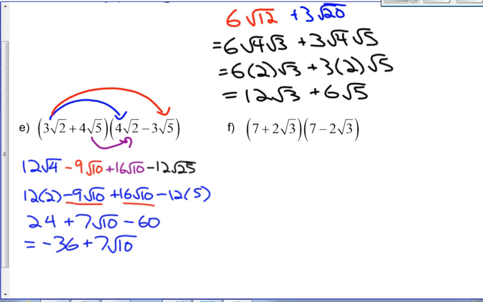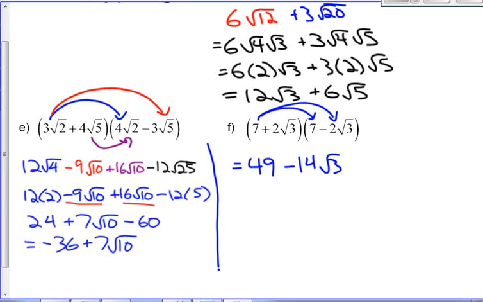We'll do one last one in this video. So let's see what happens. I'm going to have binomials again. So 7 times 7, oh, very nice. Gives us a regular number, 49. And then I'm going to have negative 14 root 3. And then I'm going to have positive 14 root 3. And then I'm going to have minus 4 root 9.